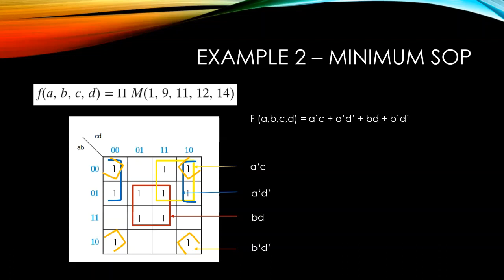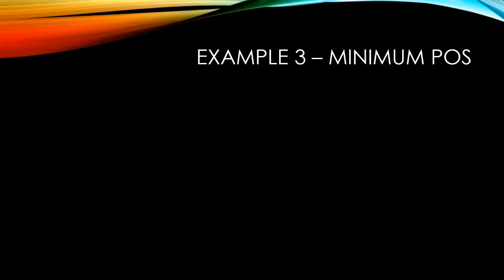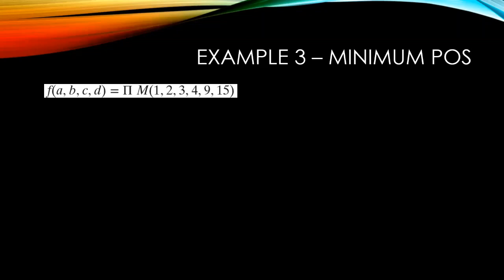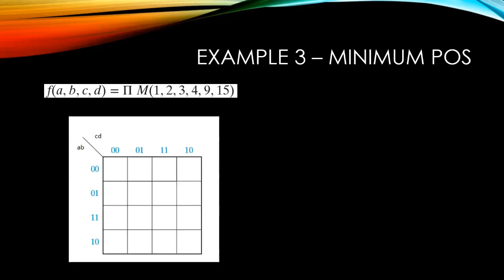Now let's move on with another example. Example 3, get the minimum POS. So we have four variables, A, B, C, D, and the maxterm list is 1, 2, 3, 4, 9, 15. Okay, so four variables mean 4 by 4. And again, we're going to write on the cell 0 since the intended output of maxterm is 0.